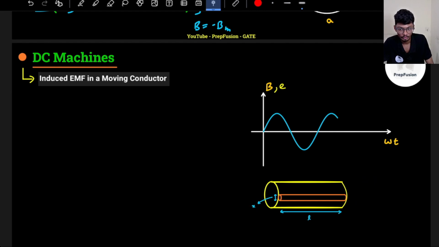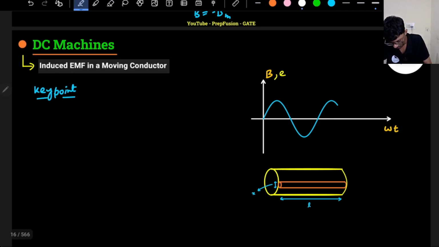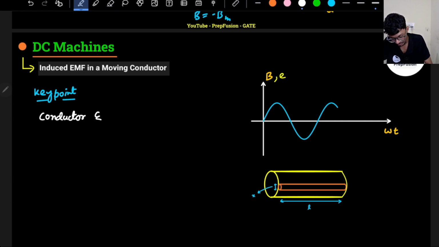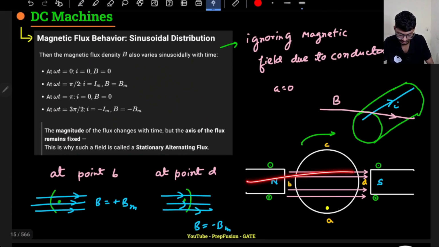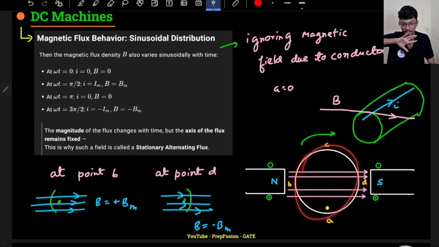So a few important points I want to write here: the conductor experiences different magnetic flux density at different positions. So what are the key points? The first key point is that the conductor, if I rotate, now I am rotating, the field coil is excited and I myself am rotating this armature.